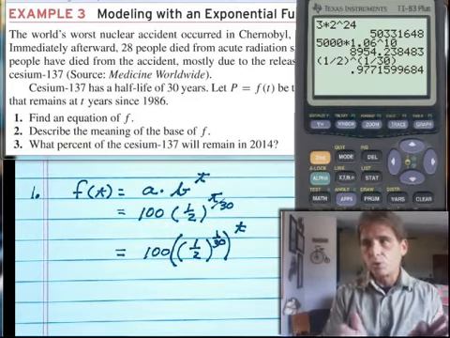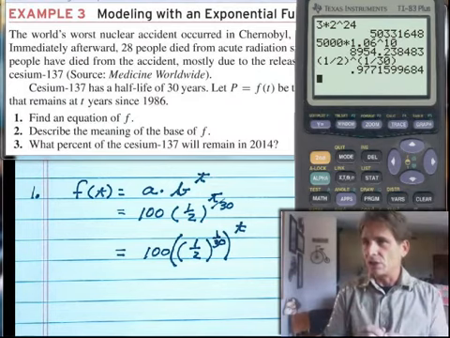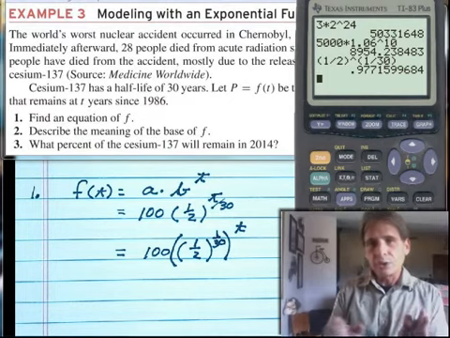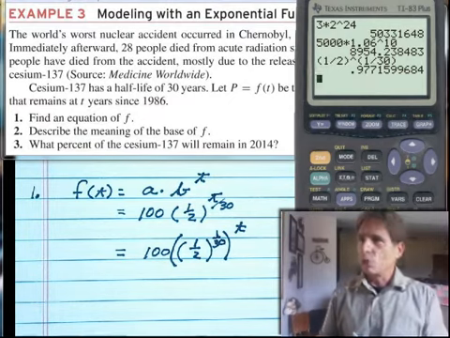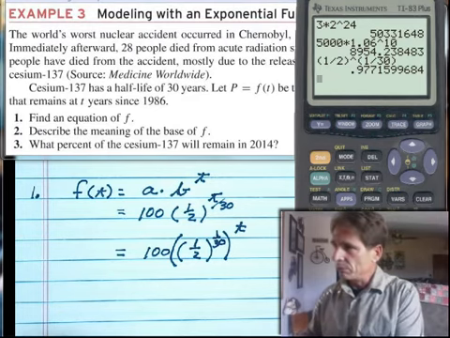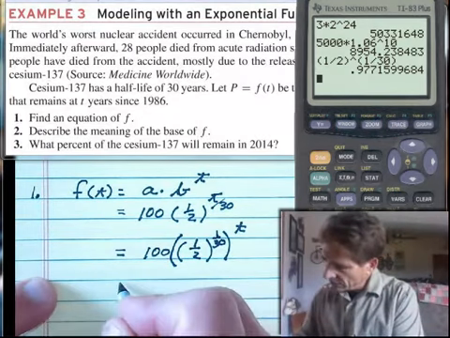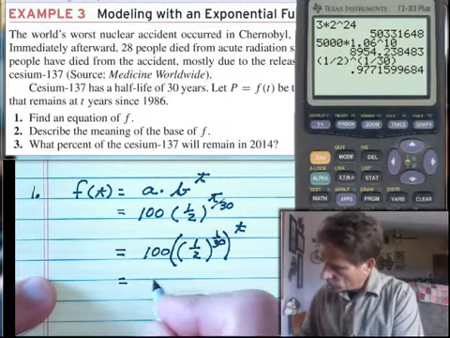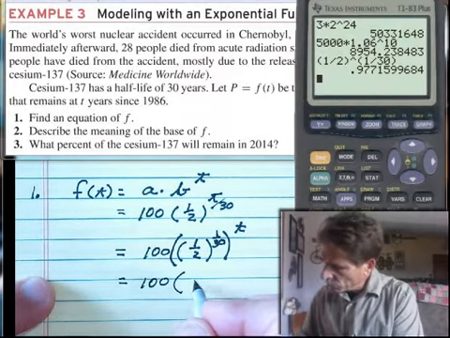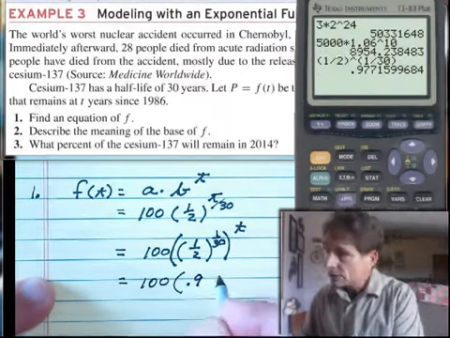And that's our base multiplier for each year. So it's not going to go down half each year. It's going to go down approximately 2.3%. Let's round that number to 3 decimals, and that would be 0.977. So 100 times 0.977 raised to the T.